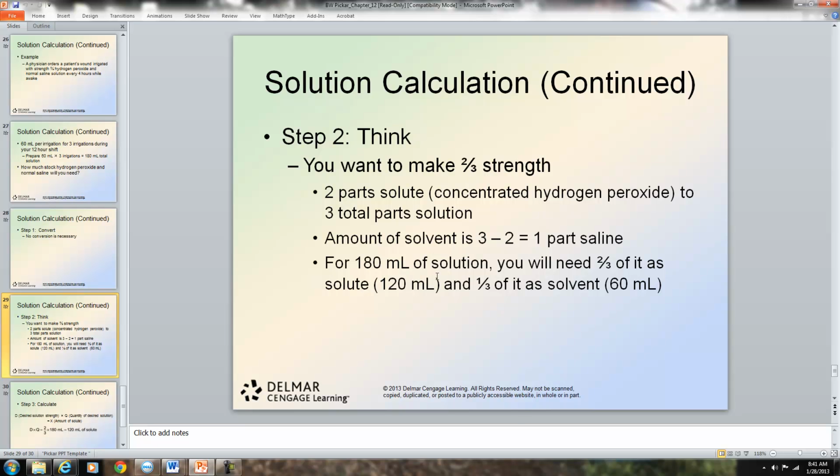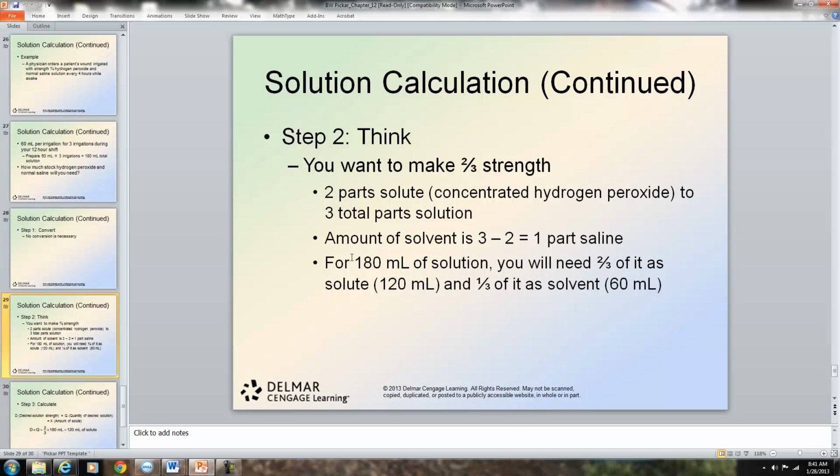For 180 milliliters of solution, you will need 2/3 of it as solute. So 2/3 of 180 is 120, and 1/3 of it will be solvent.